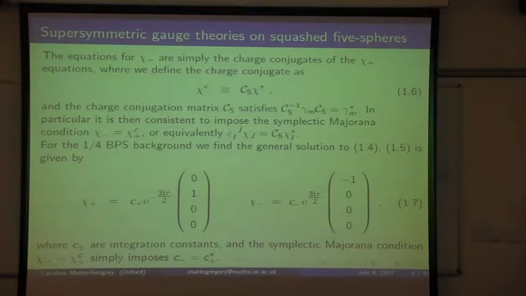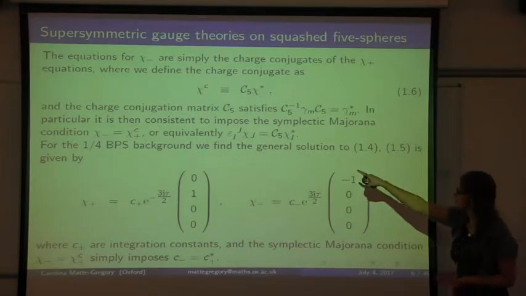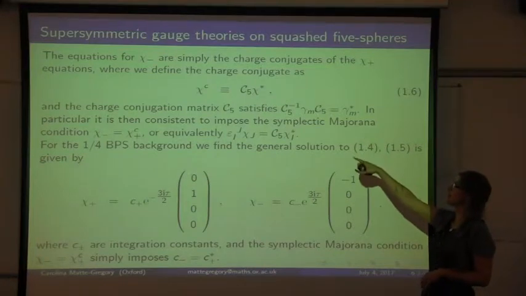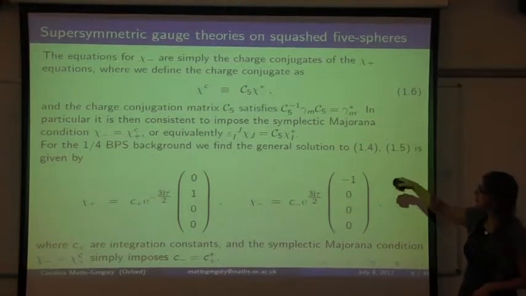We have this chi minus and chi plus, and they respect this conjugation. We define the charge conjugate as chi^c equals some conjugation matrix times chi conjugate star.